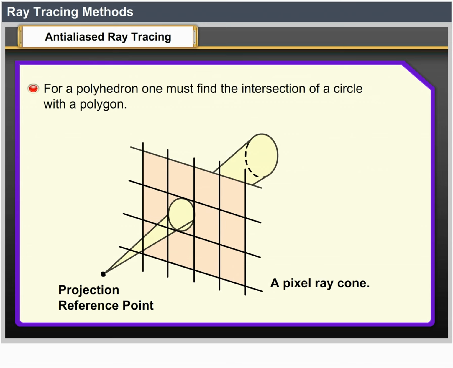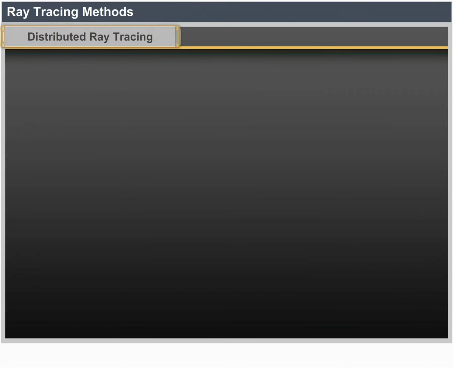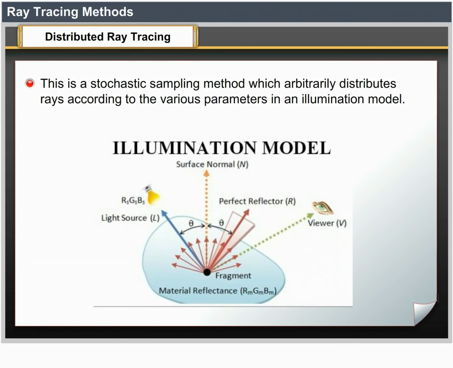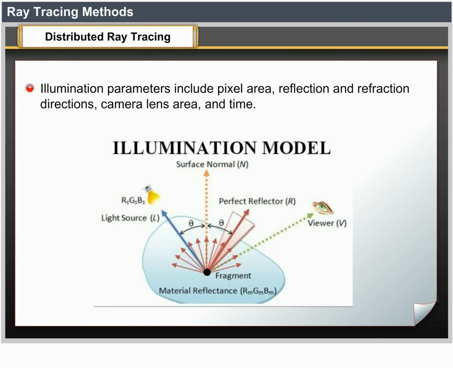Distributed ray tracing. This is a stochastic sampling method that randomly distributes rays according to the various parameters in an illumination model. Illumination parameters include pixel area, reflection and refraction directions, camera lens area, and time.